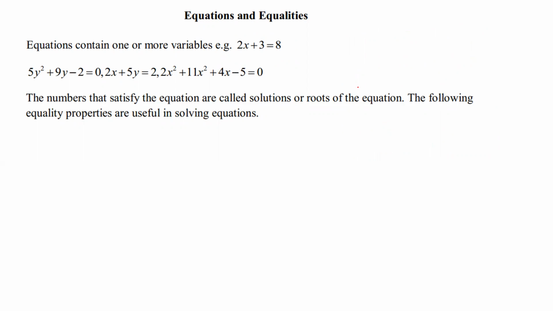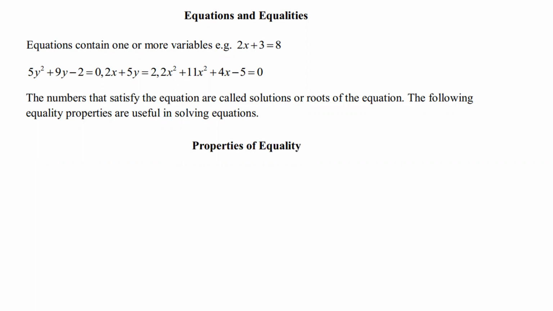Some of the points that I'm going to show you right now are very important when you're dealing with equations. You need to know them. One of the most important properties is that whatever you do on the left side of the equation should also be done on the right side of the equation.